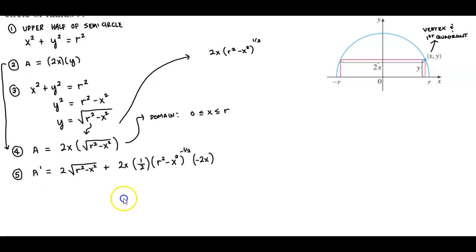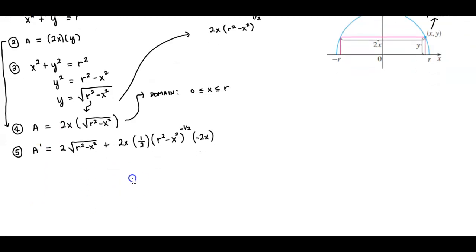Okay, so now let's go ahead and see if we can simplify anything and make things a little bit cleaner here. So now we have A prime, which is going to equal 2 times the square root of r squared minus x squared.